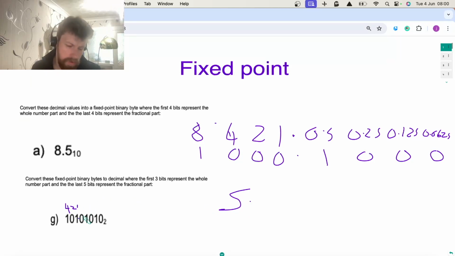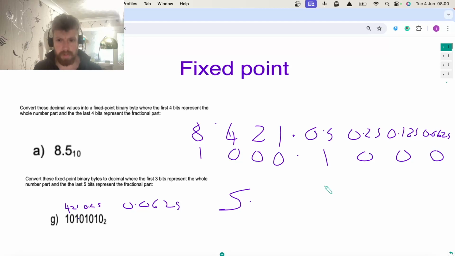So then we've got 5 bits for the fractional part there, which is going to be 0.5, 0.25, and then we've got 0.125 and then 0.0625. Okay, so in AQA you have a calculator, so just add them up.